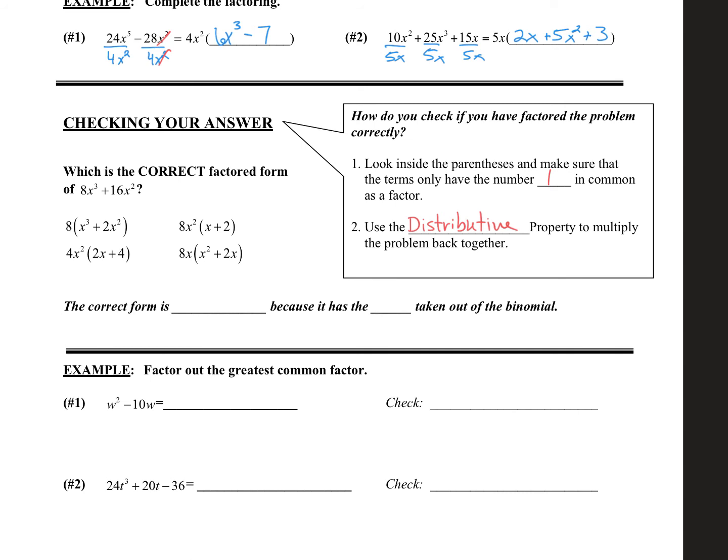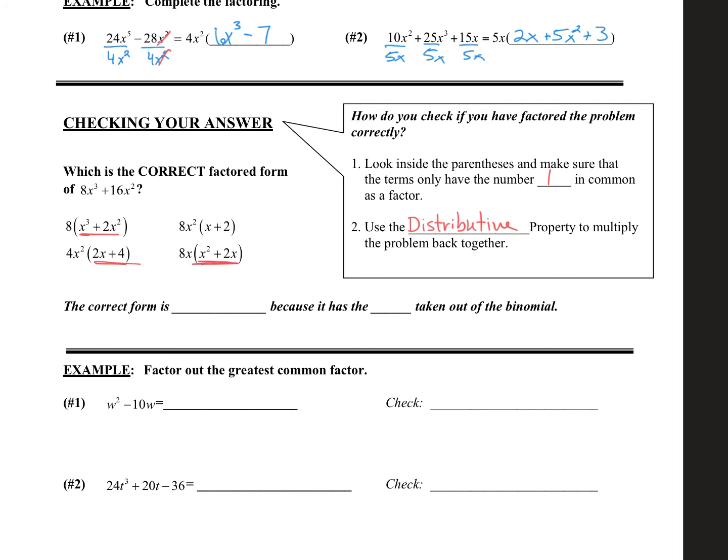So which is the correct factored form of 8x cubed plus 16x squared? Well, let's take a look at this. The first thing in that little box to the right says the numbers inside the parentheses are only going to have 1 in common. We can see right here that we have an x squared in common there. And this one we have a 2 in common.